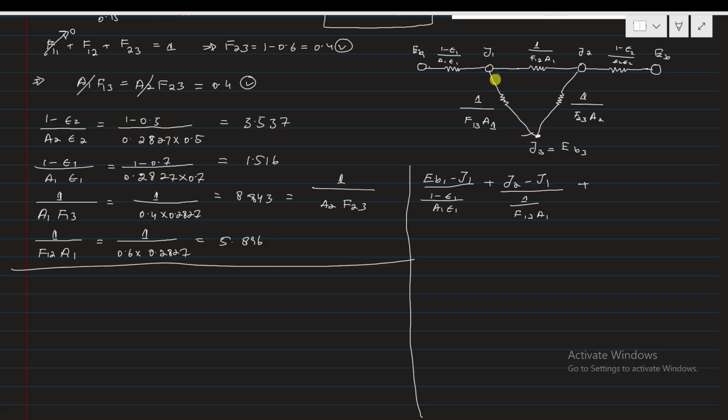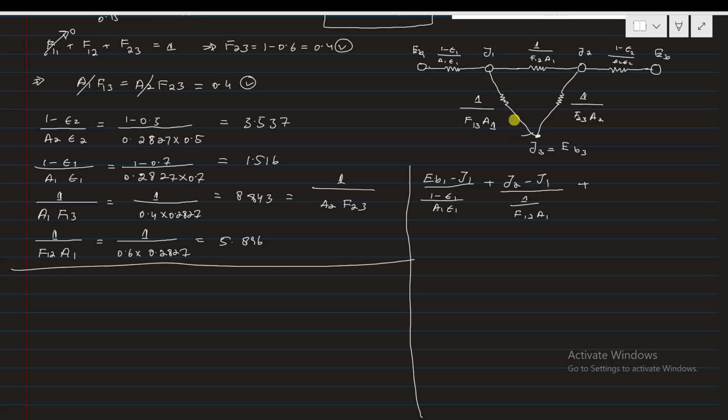there are 3 junctions, 1, 2, 3, so there will be 3 terms for this node, and the sum of the heat currents entering this node J1 must be equal to 0.